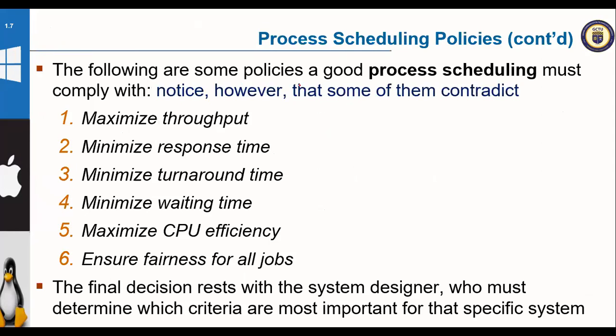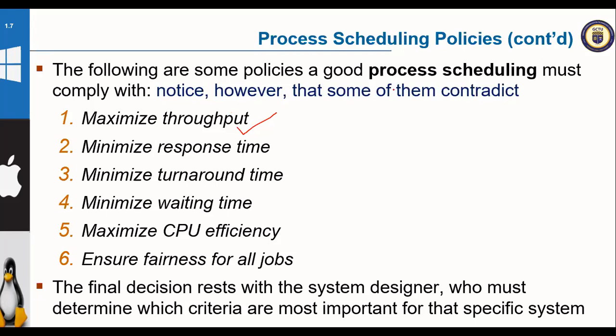Now, there are some policies that every good scheduling must comply with. These are some of the policies. The first one is that every good process scheduling must maximize the output, the throughput. When we say throughput, we are talking about how much work can be done.